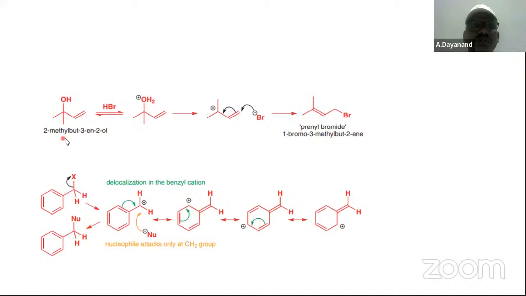Then if you take 2-methyl-but-2-en-1-ol, which gives prenyl bromide, here also it is a branched one. Just now we had taken only a single one without the substituent. It is giving 1-bromo-3-methyl-but-2-ene, which is nothing but prenyl bromide. Because only the 100% compound is formed.